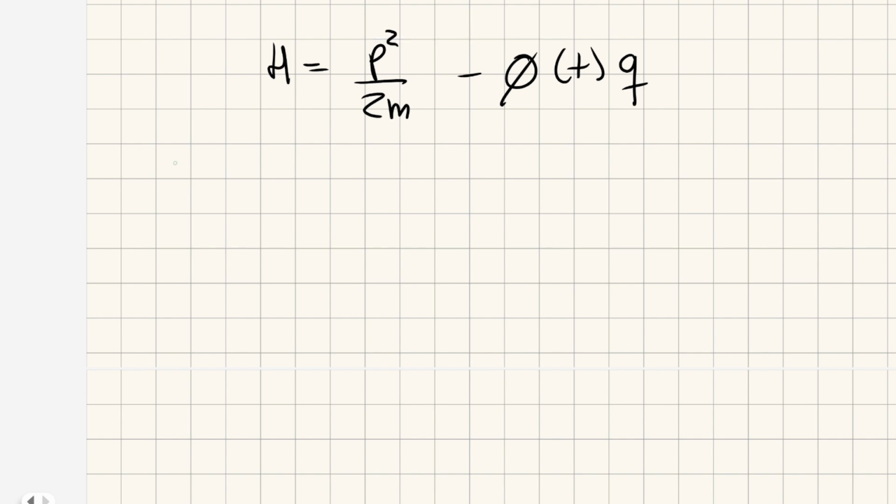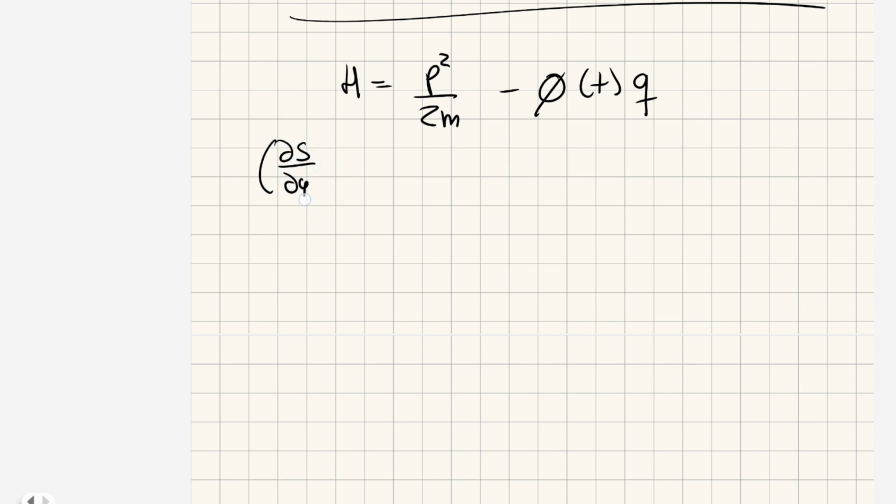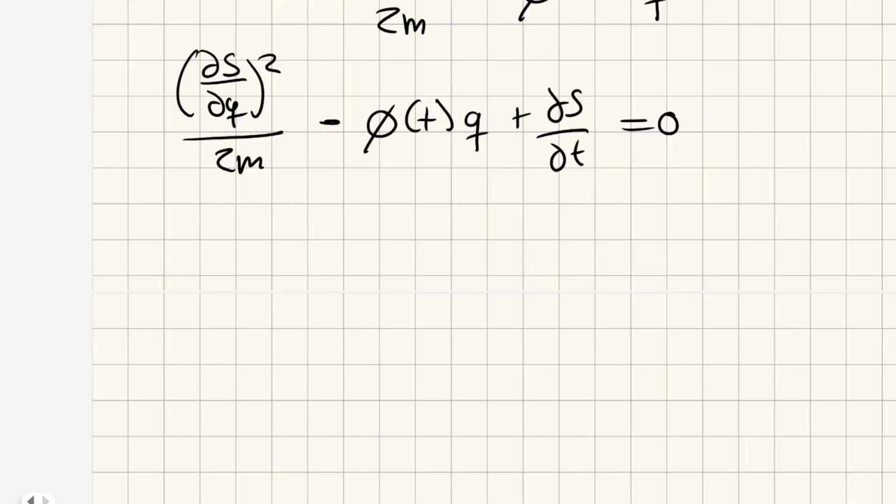That is going to be the partial of s with respect to q squared divided by 2m minus phi of t q plus the partial of s with respect to time equals to 0. Perfect. So here we have the derivative with respect to time of the function s.